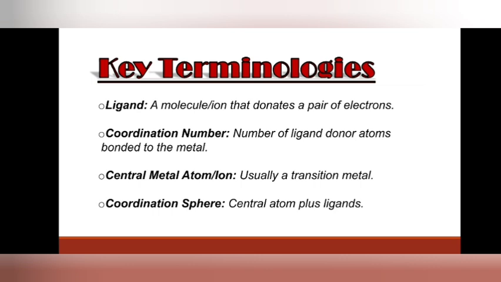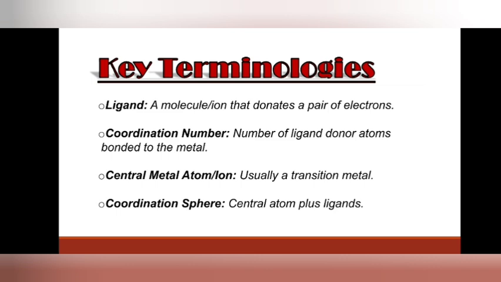So hydrogen cannot form a coordinate compound because it cannot act as a ligand. Donating a pair of electrons is essential. For example, chlorine, Cl negative, can donate a pair of electrons, hence it can act as a ligand.